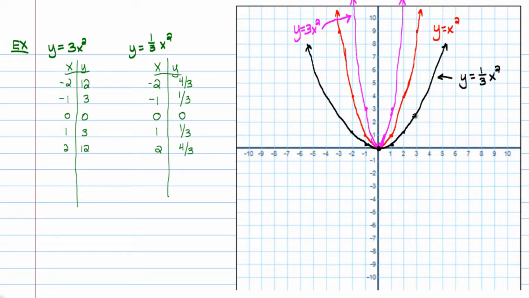It's just a factor of 1/3 closer to the x-axis. So in other words, this point here is at a height of 4 for y equals x squared, but for y equals 1/3 x squared, that point will be 1/3 of that height. It was at a height of 4, so 1/3 of 4 will be 4/3, which is exactly where that point is. This brings forth the idea of what's called stretching and compressing in mathematics.